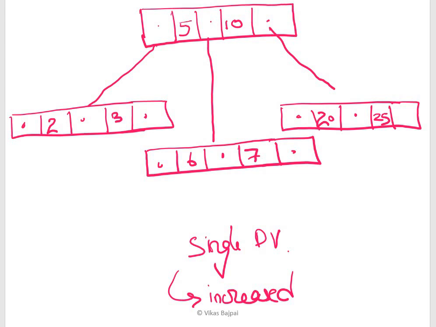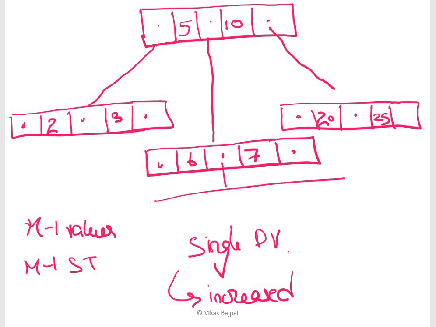One good thing about M-way tree is that it's not necessary that every node will have M-1 values, or maybe M subtrees. So here I can have some more options. Let's say I'm adding something more. So once again, pointer, some values, pointer, some value, and a pointer.